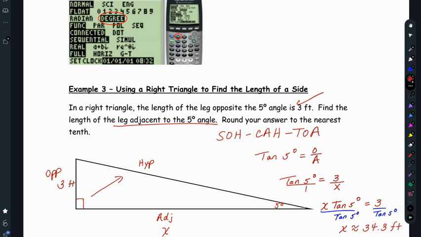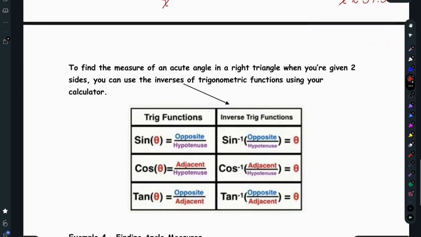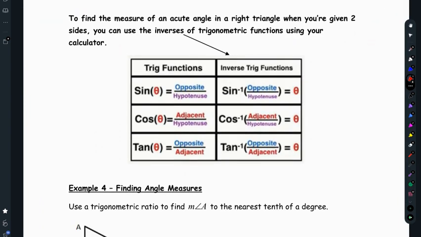All right, moving on to the last page. Now, sometimes we're going to need to find an acute angle in a right triangle when we're given two sides. And what we do is we use what's called an inverse trig function. So I'm going to go to the calculator to show you what I mean.